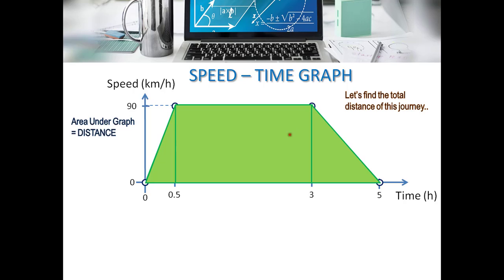So you must apply the shapes of the area. Either you divide it into sections, triangle A, rectangle B, triangle C, or you can choose one shape, a trapezium. For me, I prefer the trapezium if the question asks for the total distance of this journey.